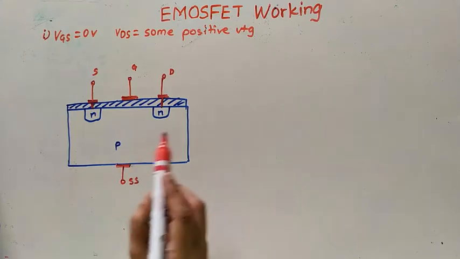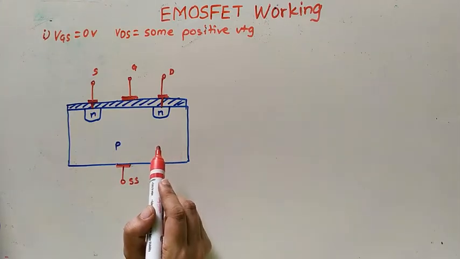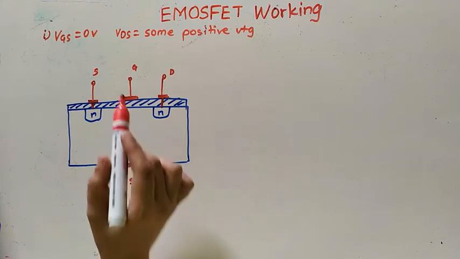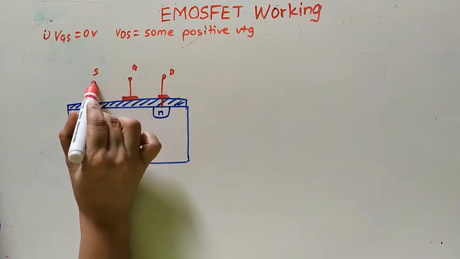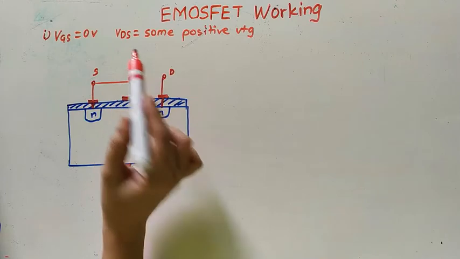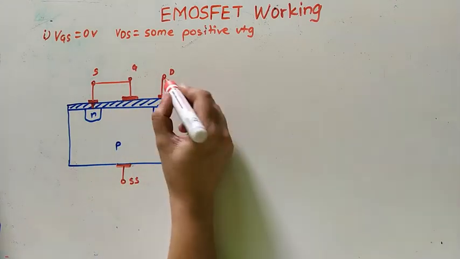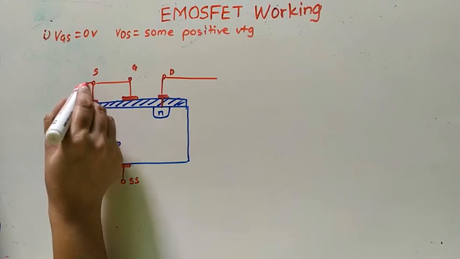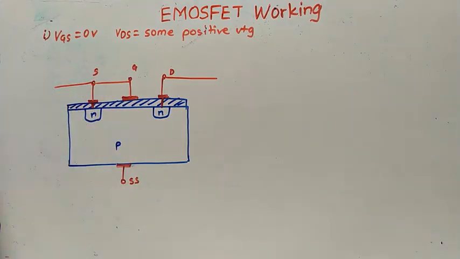So it is the diagram of eMOSFET. We have to provide VGS between gate and source, which is 0 volt, and VDS is some positive voltage between drain and source.